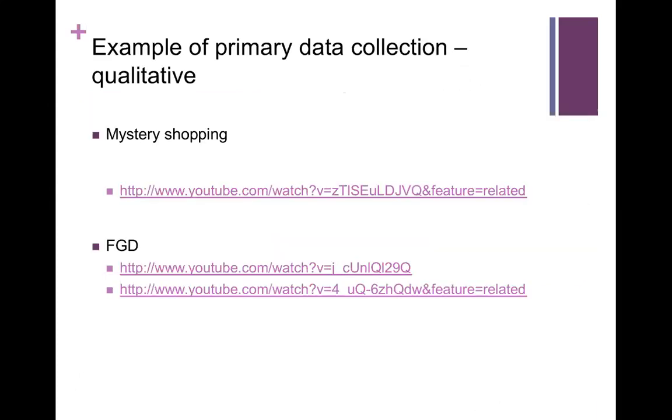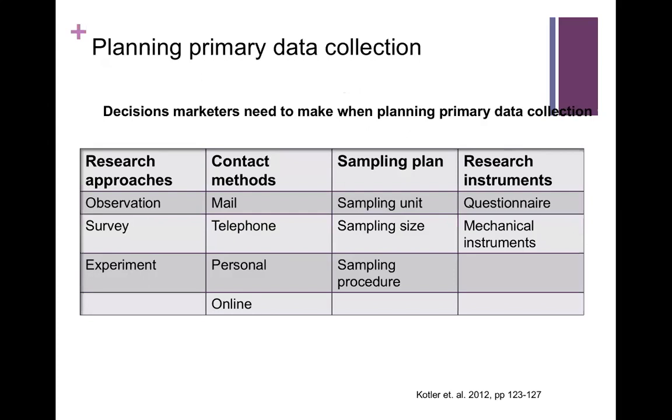The next decision that we need to make is the contact method, whether we are going to reach them through mail, telephone, personal interview, or online. The online contact method has gained a lot of attention because it reaches the target respondents more accurately than the others, and the response rate is also quite good compared to the others.